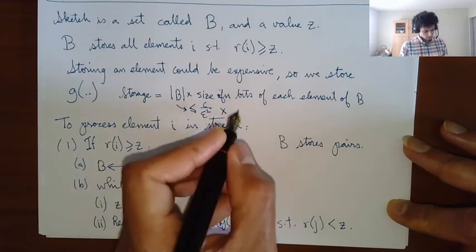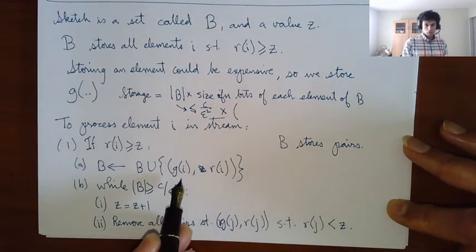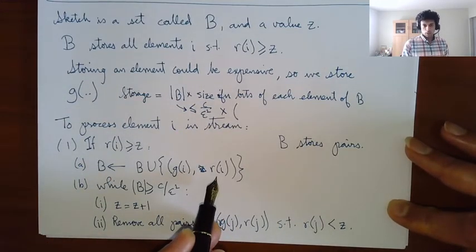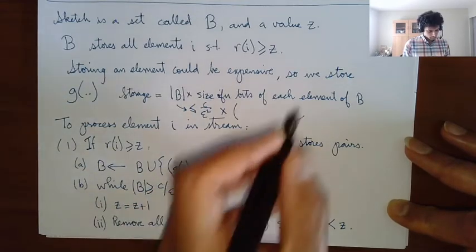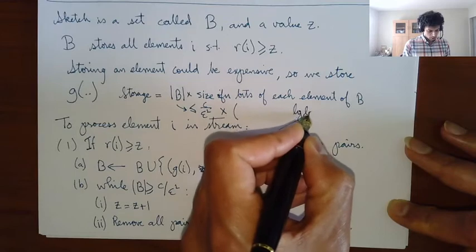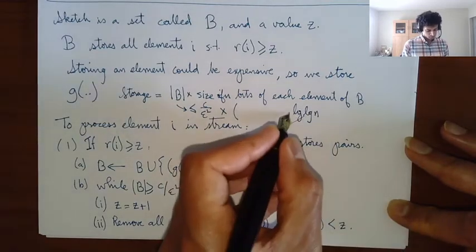The remaining, well, we have to store G and we have to store R. Now storing R, this is log n, as we discussed earlier.